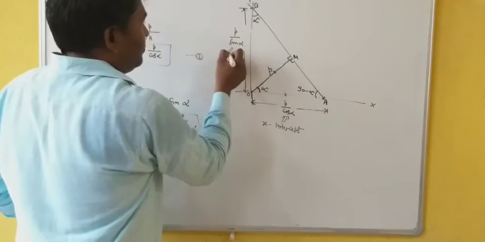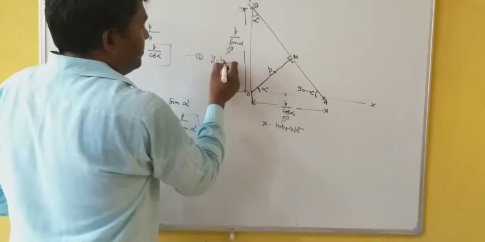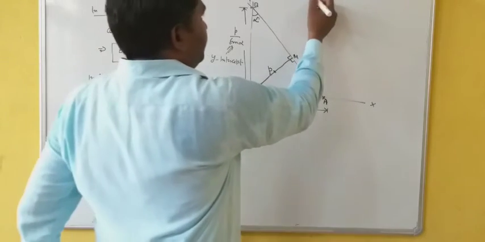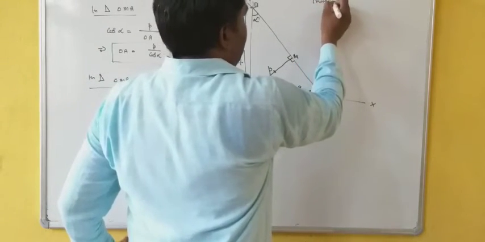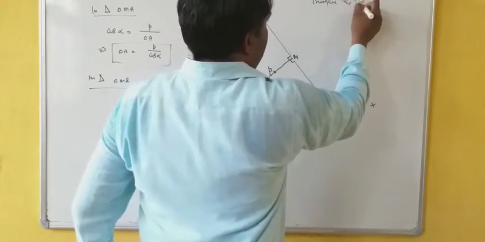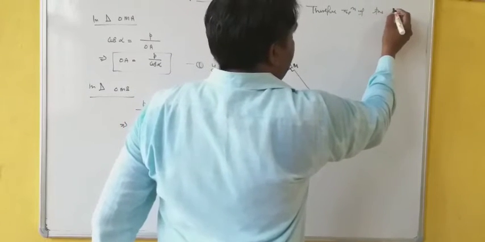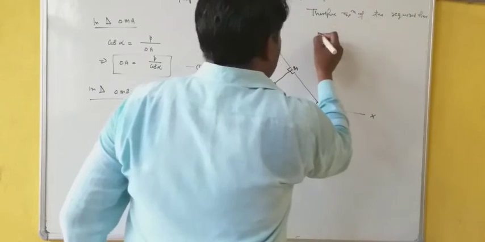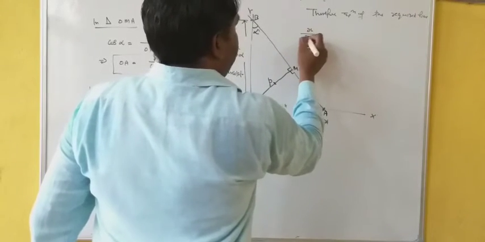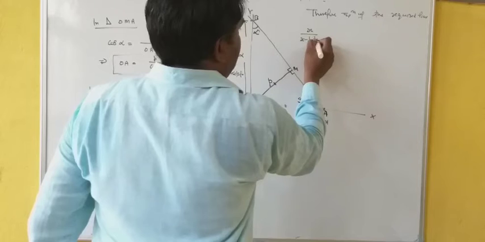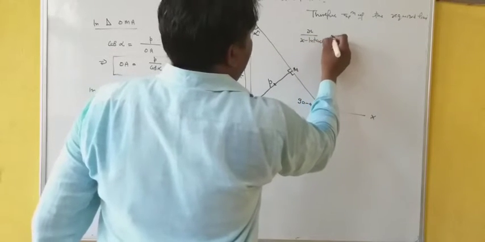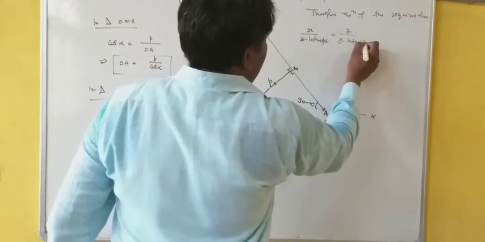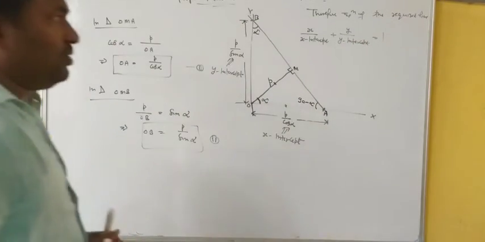And this is your Y intercept. Therefore, the equation of the required line is x upon x intercept plus y upon y intercept is equal to 1, as you know.